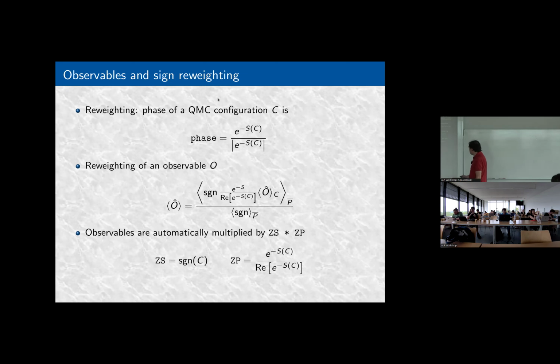As you can see already from this expression, we have two kinds of average. One is the average over the Monte Carlo steps, and the other one is the expectation value at the given configuration of the Hubbard-Stratonovich field, which can be computed on the basis of the Green's functions.